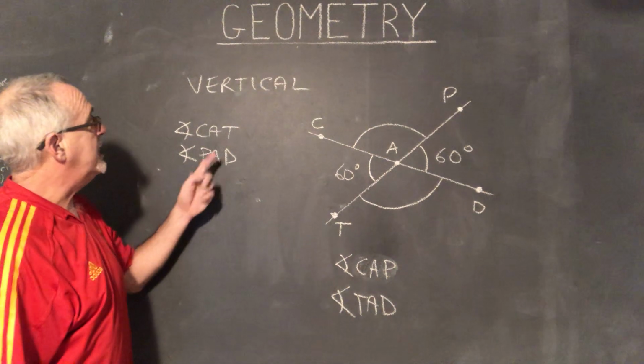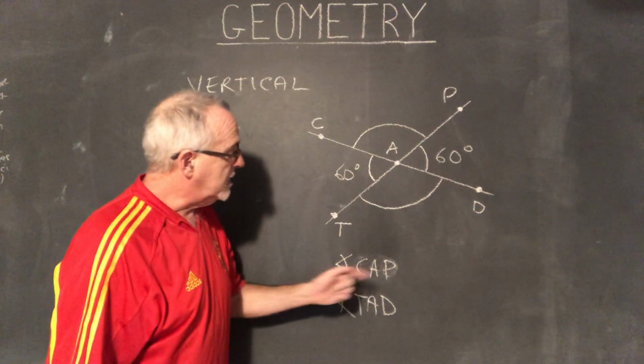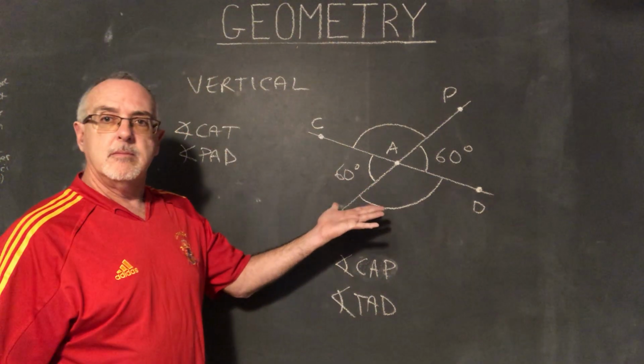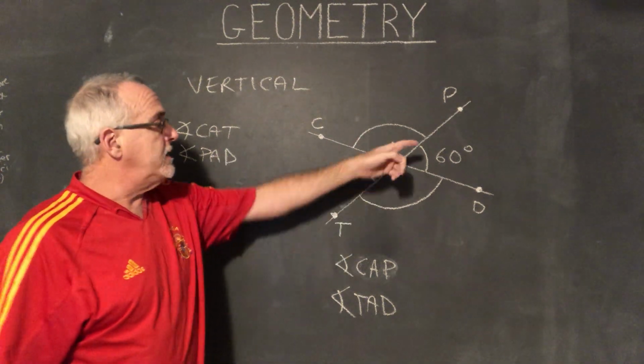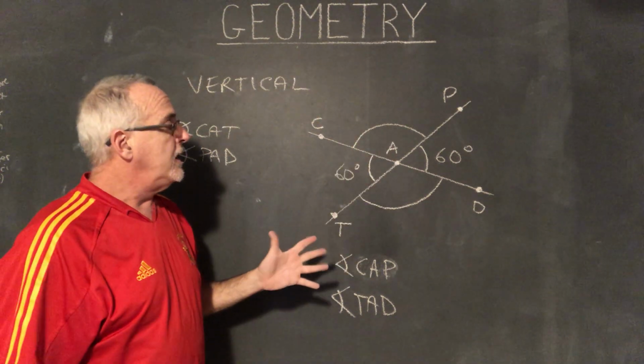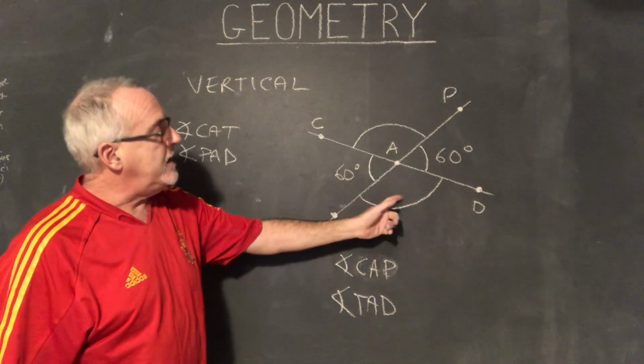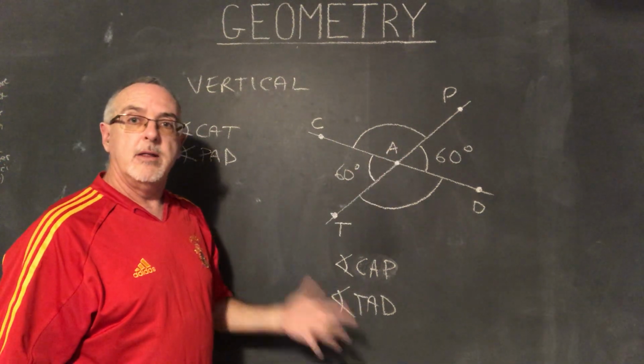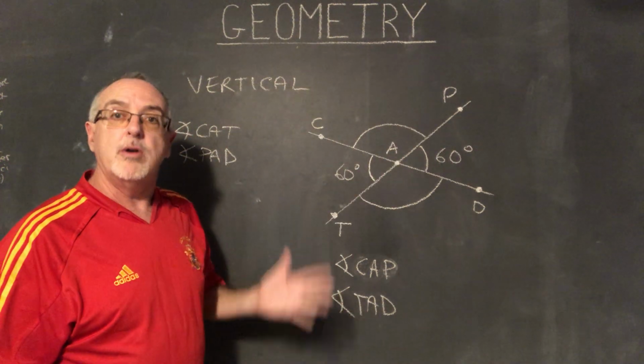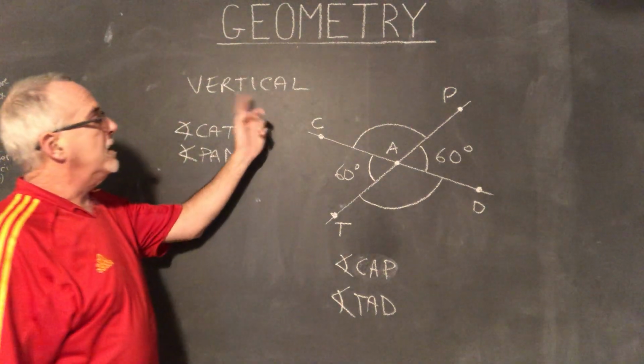TAD, cap, pad, cat. Okay, that's a little messy. Now, the four of them add up to 360 degrees because they add up to a circle. That's cool. I could probably figure out the remaining angles, these two, their measures, without having to measure with the protractor. But I'm just going to stick with the idea of vertical angles.